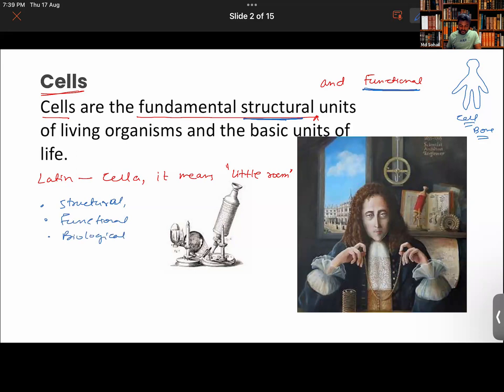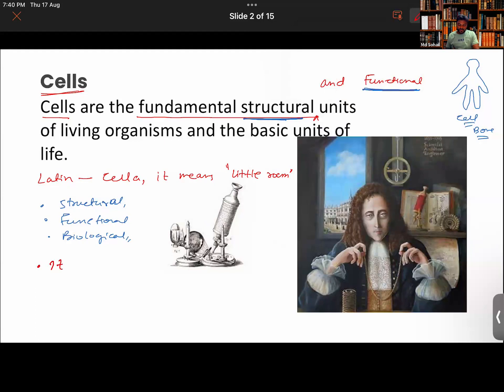Biological, why? Because it is related to all forms of life on earth, right? And also it is the smallest unit of life, and it can replicate independently. What does it mean? It can divide, it can reproduce.